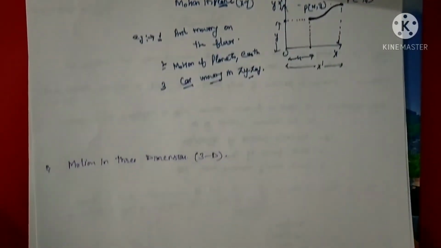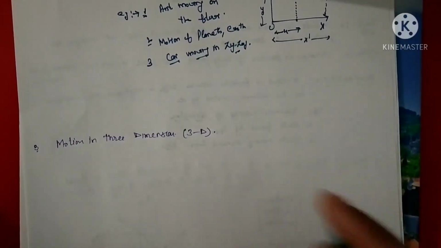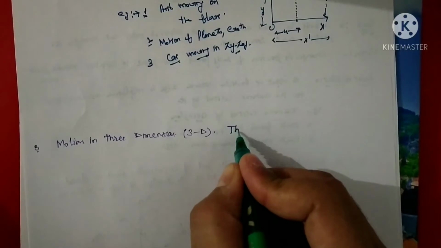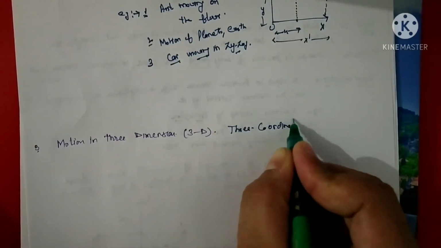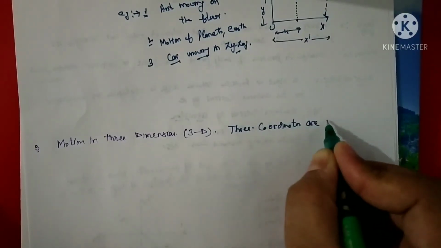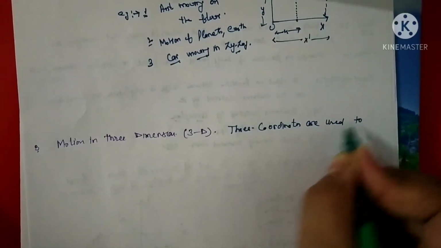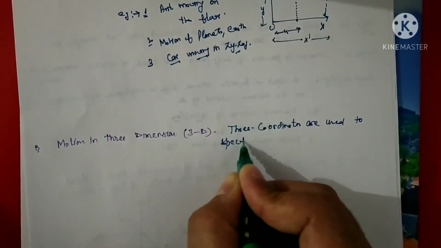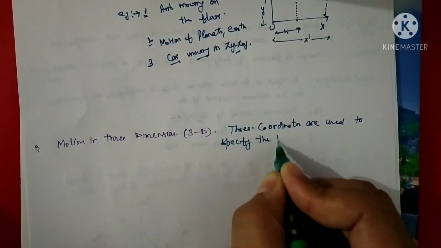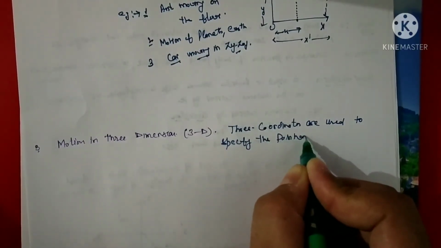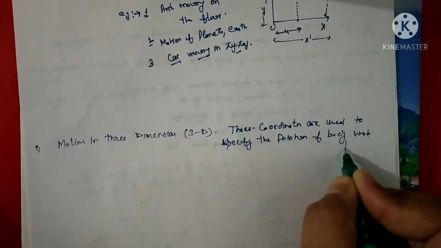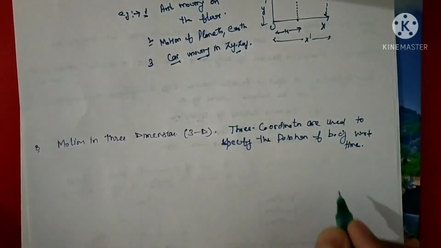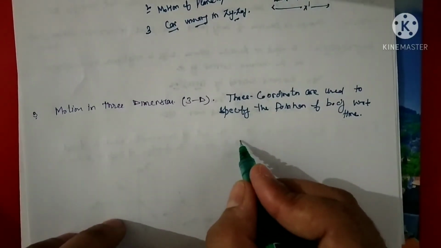And the third is motion in three dimensions. When three coordinates are used to specify the position of the body with respect to time, it is called three-dimensional motion.